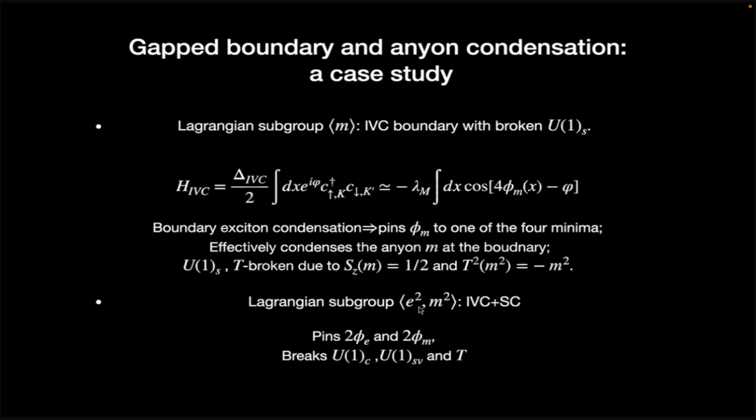E to the i phi_E is the boundary field for E. So do you mean e to the i 4 phi_E is the boundary order parameter? Yes, that is correct. This is the order parameter for both E or E squared, because E squared is also non-local. E is also non-local. So the local order parameter is still e to the i 4 phi_E, but this is induced by condensing the non-local object E or E squared.